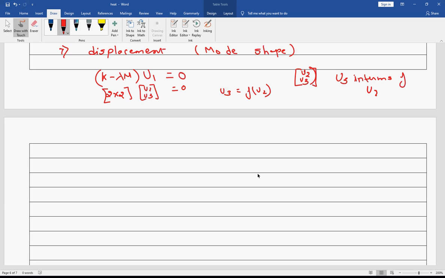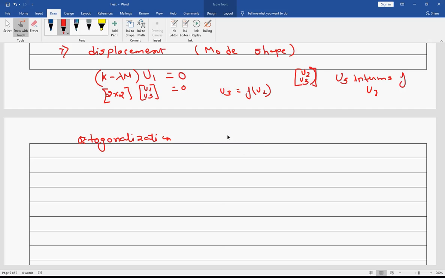Then we have to go with orthogonalization. Basically your U matrix is orthogonal to the mass matrix. That is what you are trying to get.